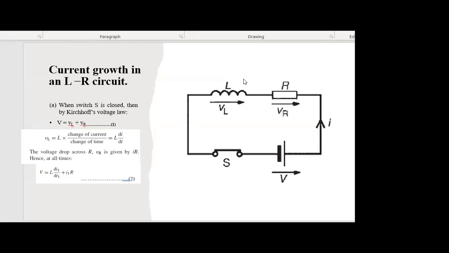Previously, we saw that for the capacitor, when charging the capacitor, VC was equal to charge over the capacitance. But for the inductor, it will be a bit different. Instead, for the inductor, an EMF will be induced in the inductor.